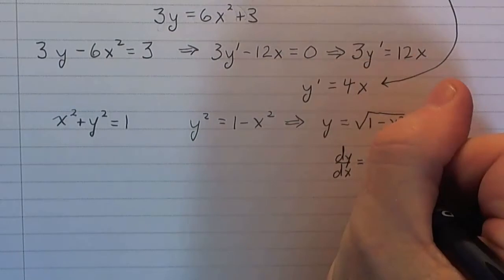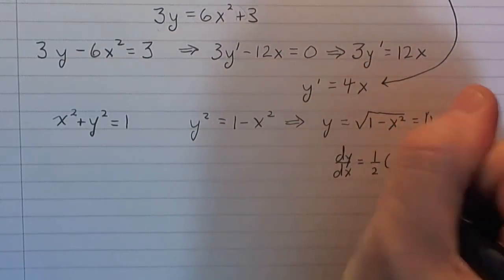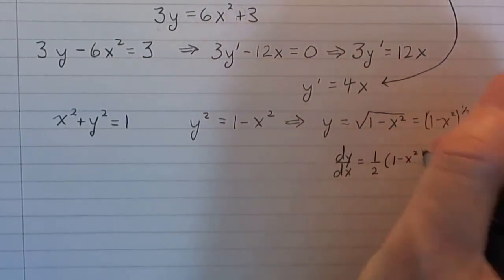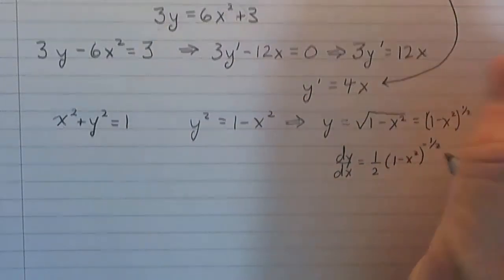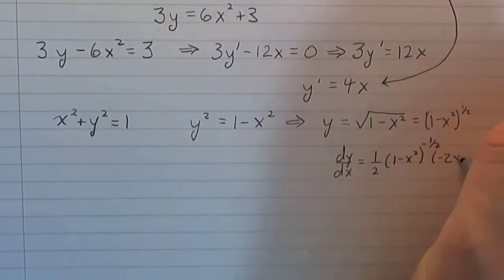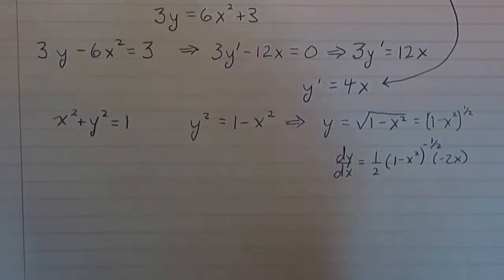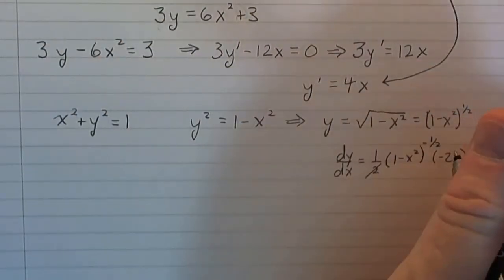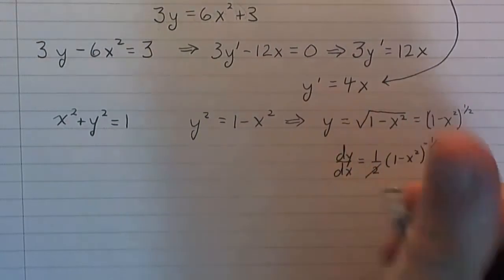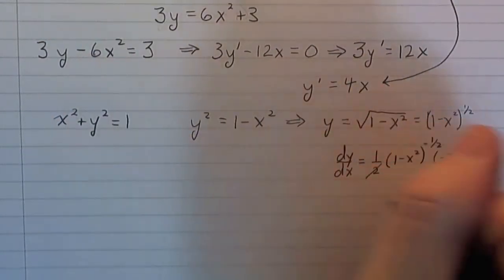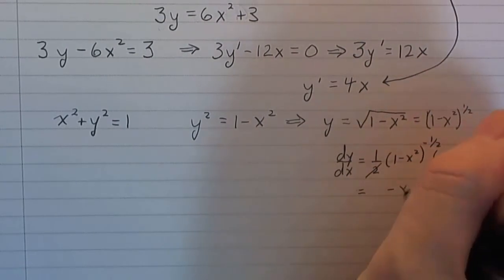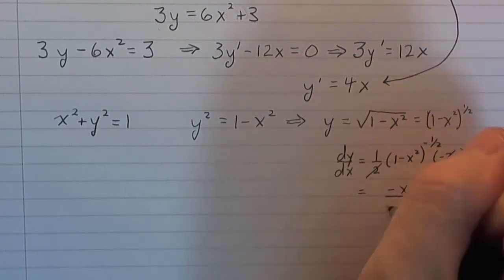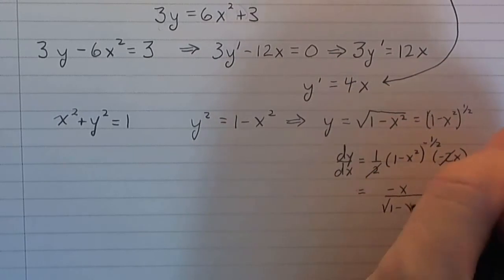We've got the derivative of the outside times the derivative of the inside. And then we can cancel that, and what we get is our derivative is negative x over the square root of 1 minus x squared.